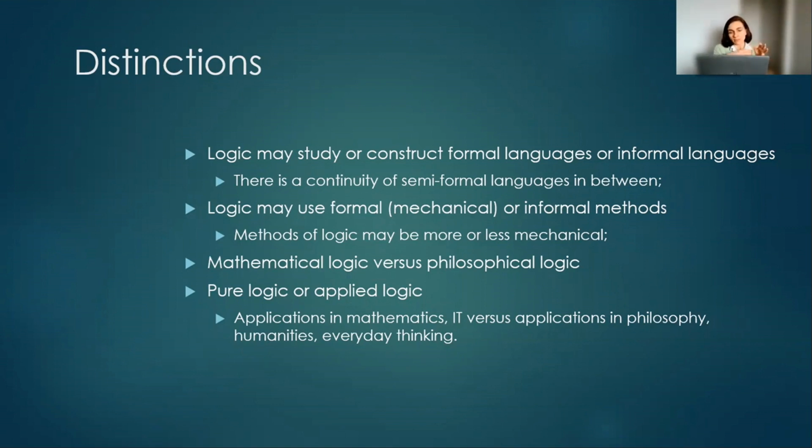And mathematical logic versus philosophical logic. When we look at what, for instance, Jan Łukasiewicz wrote about logic, he used the term philosophical logic in order to refer to some bad logic made by Kant or some other philosophers from the 18th century.